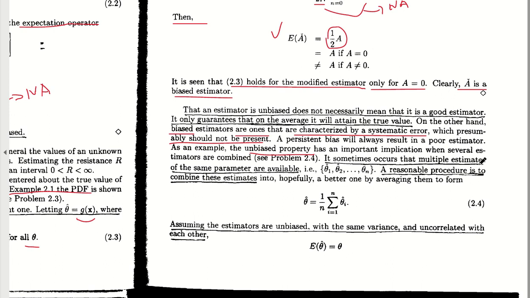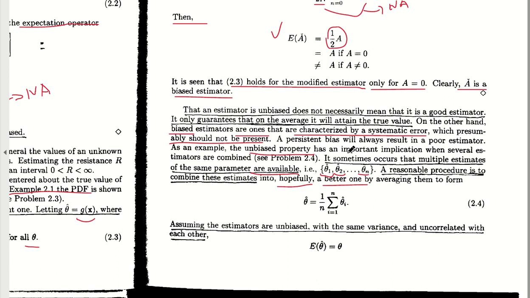It sometimes occurs that multiple estimates of the same parameter are available. So for example, for the same parameter, you have multiple estimators, theta 1, theta 2, all the way to theta n. A reasonable procedure is to combine those estimates into hopefully a better one.